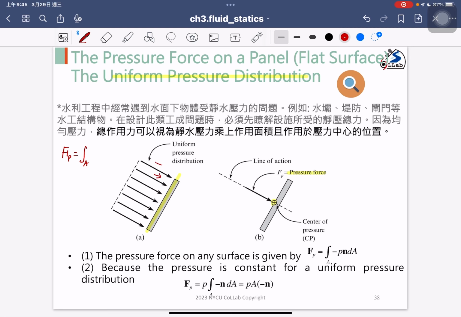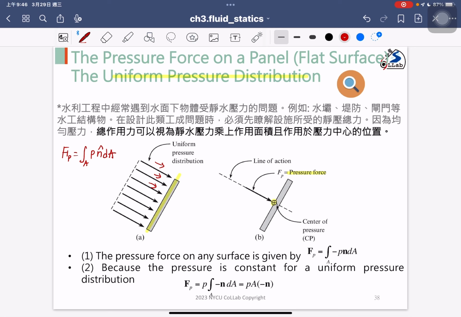We assume our pressure is P, multiply by the small area dA, and integrate all the possible force caused by the different pressures. But right now we have the unit vector n, the normal vector of the surface.